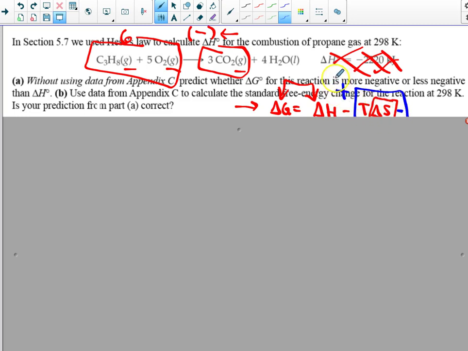Positive. Okay, so now we can answer this. Delta G for this reaction is more or less negative? Well, this was a negative 2,220, and I will always be adding a value, right? So it becomes less negative. We okay with that?